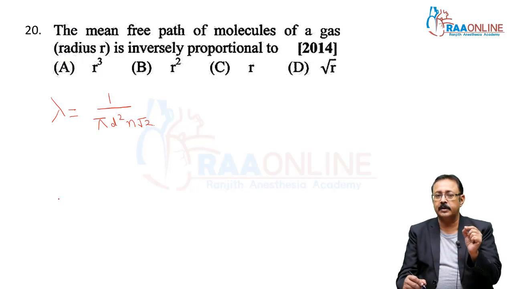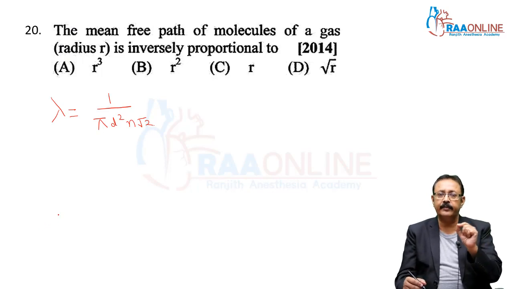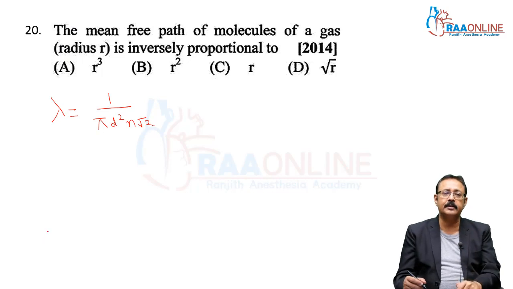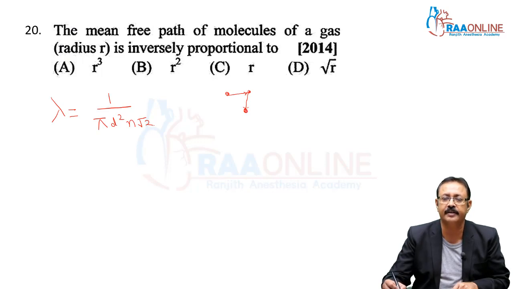When molecules are moving here and there in a container, they are colliding with each other. The distance travelled by a molecule between two collisions is known as the free path. A molecule collides with this molecule, and after this, it collides with that molecule. So the distance travelled between two collisions is the free path, and the mean of these is the mean free path.